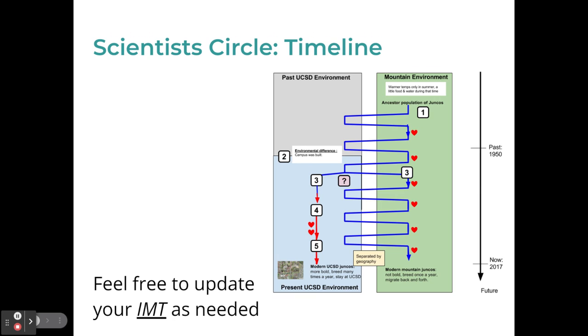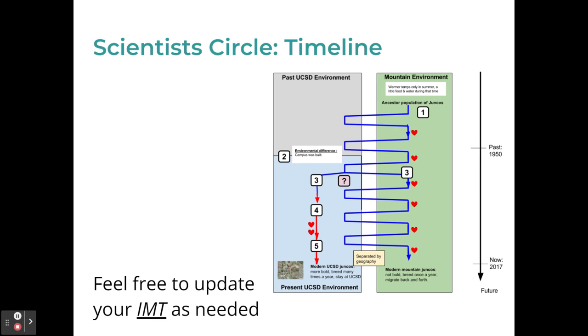So on our scientist timeline, what is some stuff that we can add to it? The important thing that we need to know is that these birds are separated, and they're separated by geography. The birds with their shorter wings are kind of stuck at the campus.